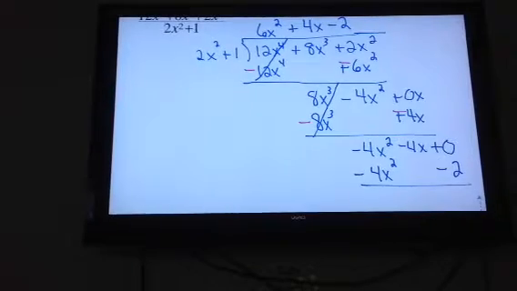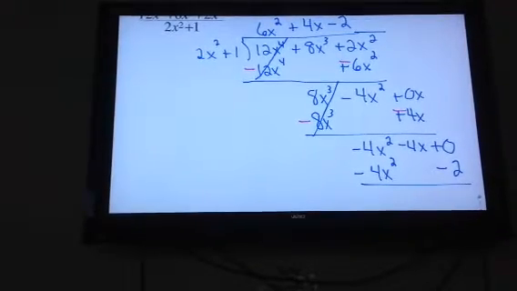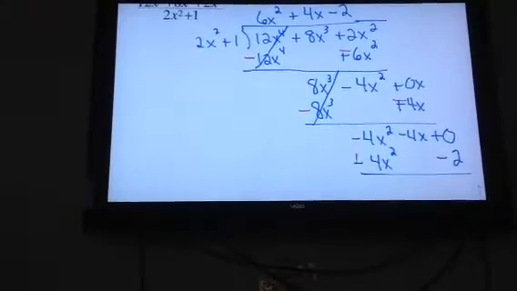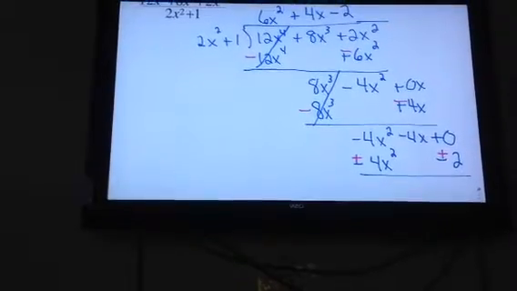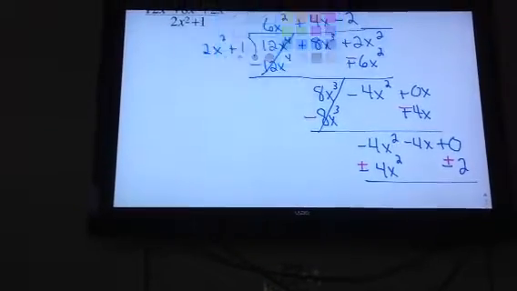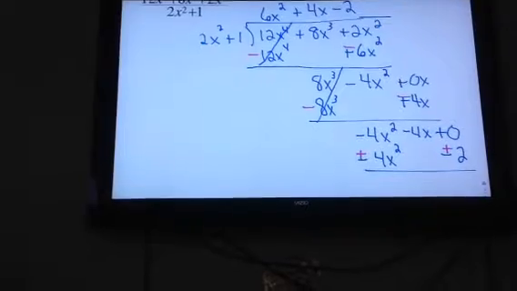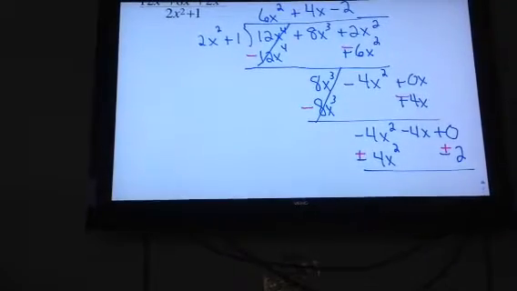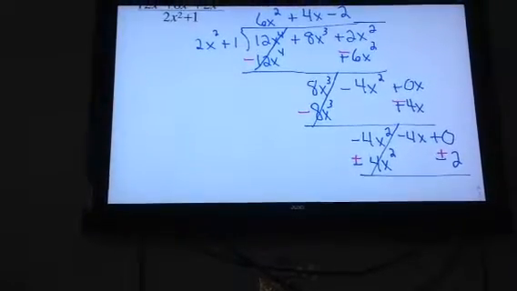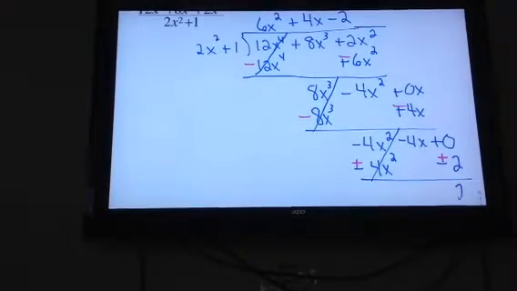At this point in long division, you are subtracting, which means I'm going to change my signs and add. The first term cancels, as it always should. If it doesn't, you've done something wrong. 0 and 2 is 2.